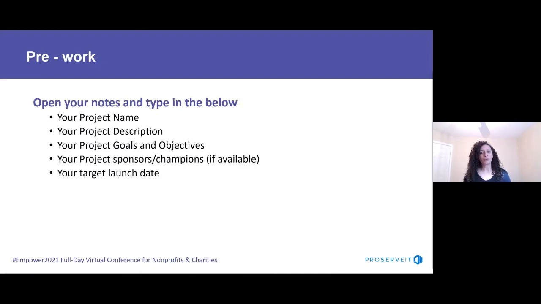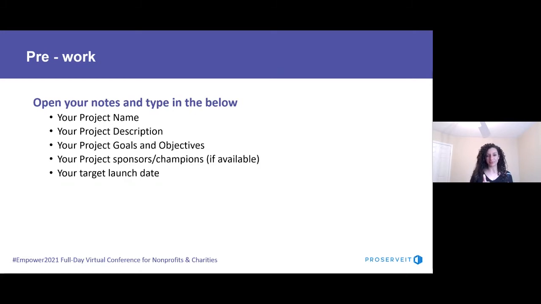I would love to work with you today on a real-life project that is currently underway or planned in your organization. So you can download and print a pre-work document from the session page, or for now, just grab your notebook. If you have multiple monitors, feel free to open your favorite notes tool, and then pick one project that you want to create a communication plan for.